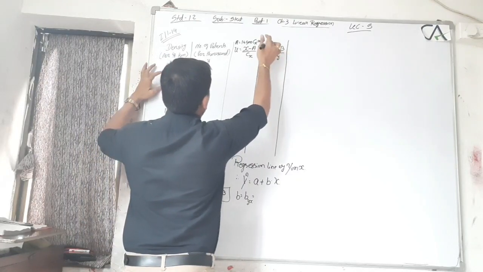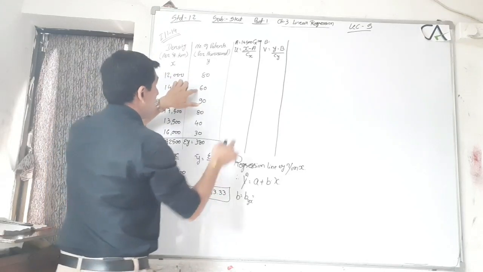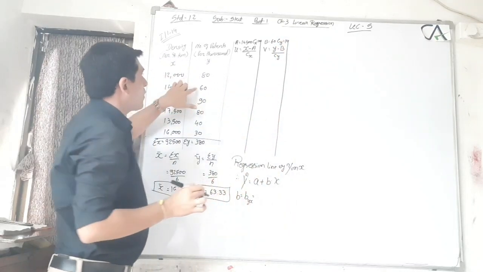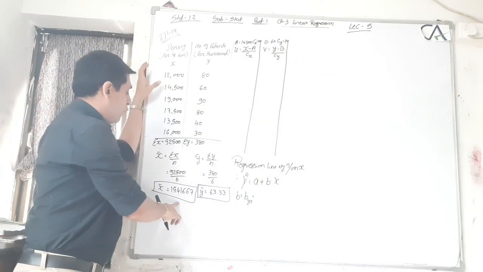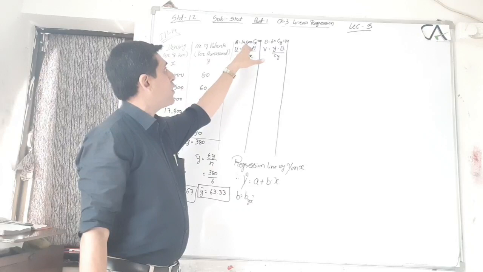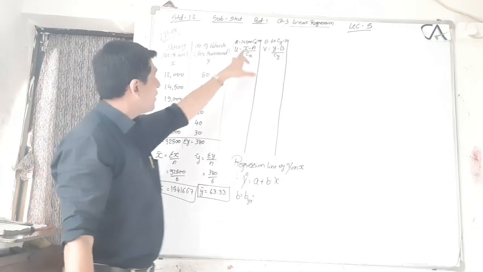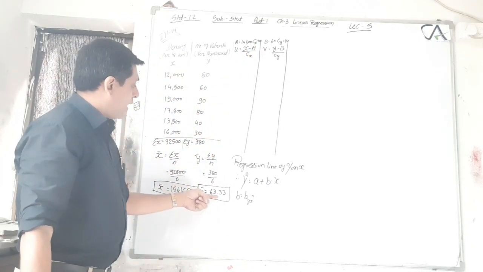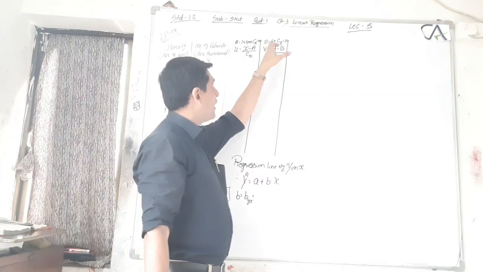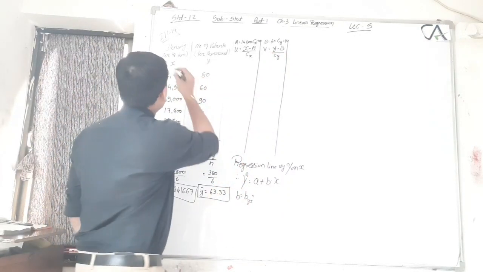Here y bar is equal to 63.33, nearest to 63 is 60, so b is equal to 60 and cy is equal to 10.